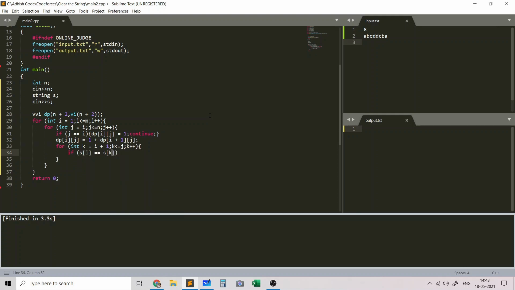If s of I is s of k, then we would set dpij to be the minimum of dpij and dp of I plus 1 to k plus dp of k plus 1 to j.